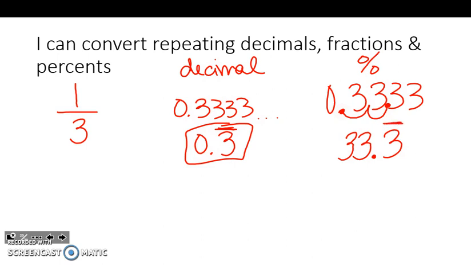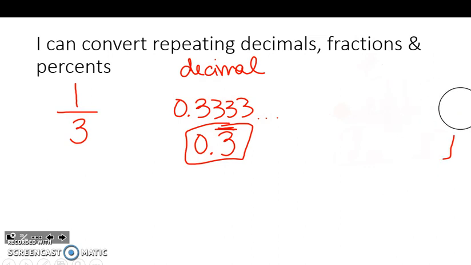So you're going to put that bar over top of the last 3 to show that that is the repeating digit. So 33.3 repeating percent. So it's all the same process, it just might look a little bit different whenever our final answers are written.